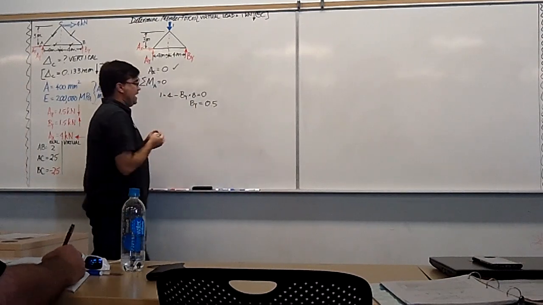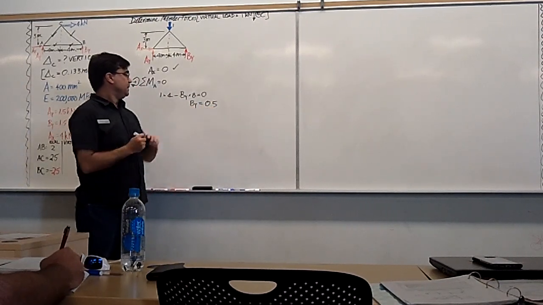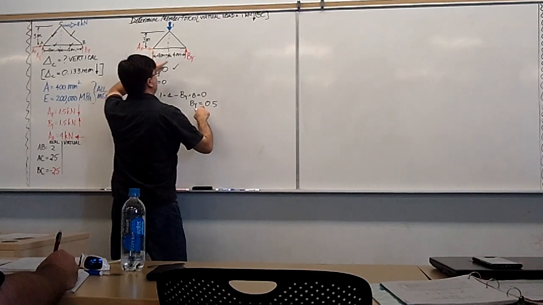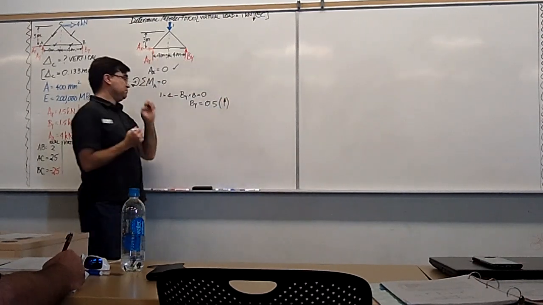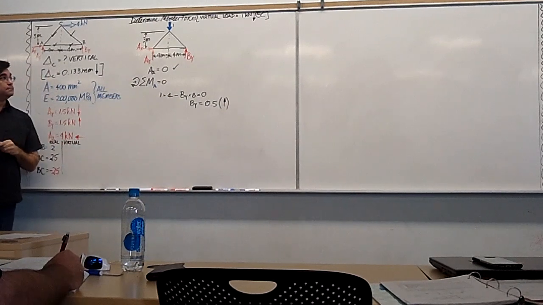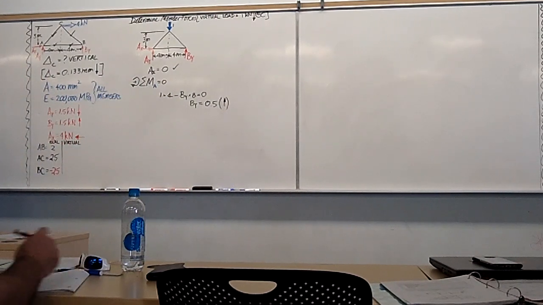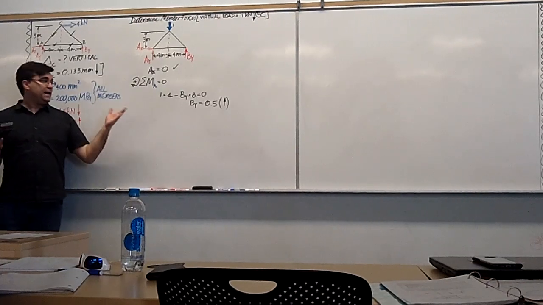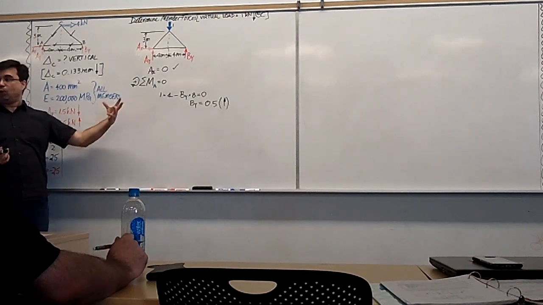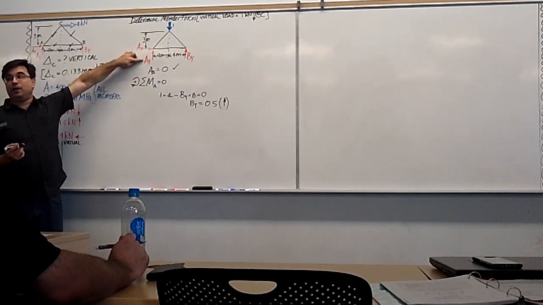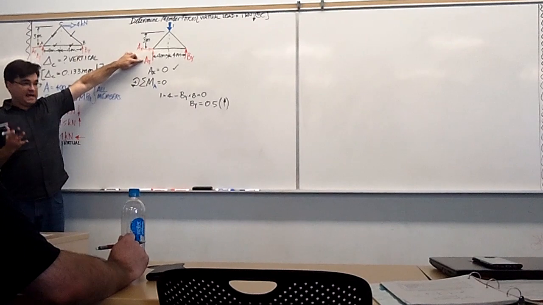Kilonewton. What are the units? Kilonewton. Okay. And positive, because this is a positive number, it means it's in the same direction I guessed. Up. And now, even without having to go through the whole writing out of some of the forces in the y direction, how much is AY? 0.5. It has to be, right?